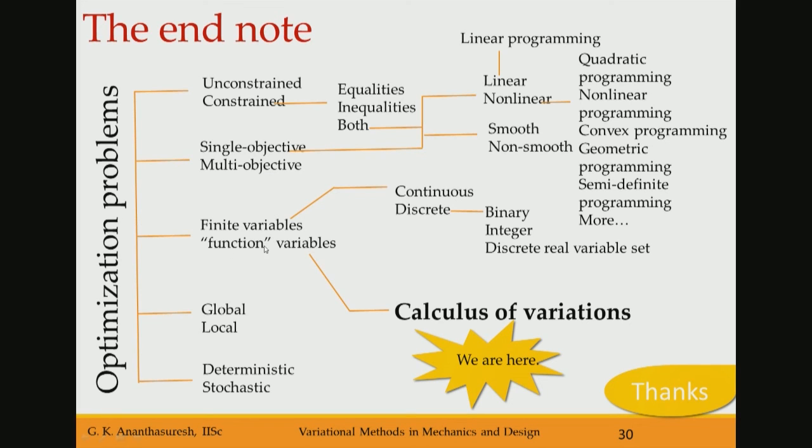Then there are finite variables, which are continuous or discrete, with discrete binary, integer or discrete real variable sets. As opposed to that, if you have function variables, then you get calculus of variations. That is what we will discuss later. Again it will be global or local optimization, deterministic or stochastic, and many other types of problems are there. Okay. Thank you.